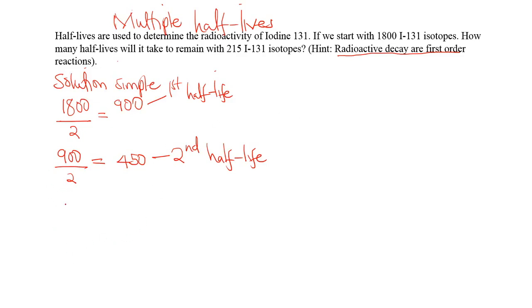But this is not yet 215, which means I need another half-life. So 450 divided by 2. I want to get a third half-life, which gives me 225.